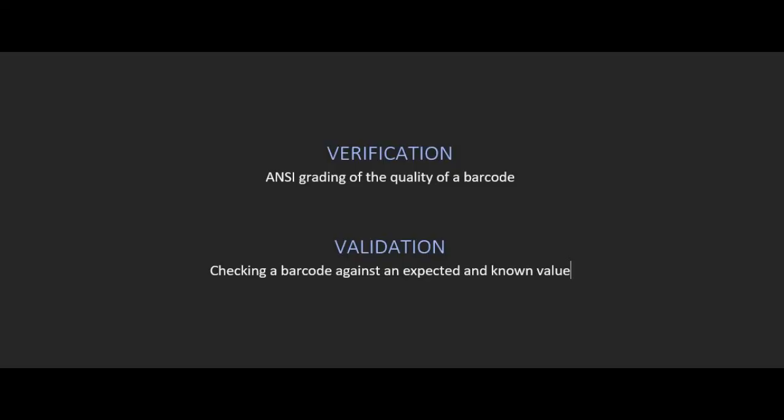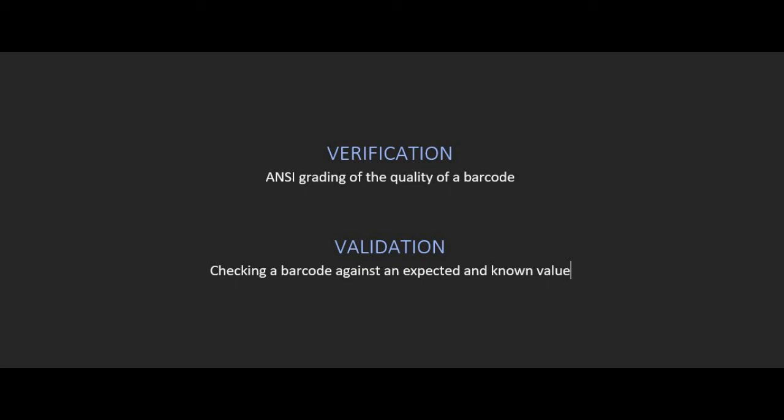So that's the real difference between verification and validation. So to summarize, verification is an ANSI grading of the quality of the barcode that you're actually printing, and that's what it's checking. It will read and it will show the number, but it will give you the quality of how good that barcode is actually printed.